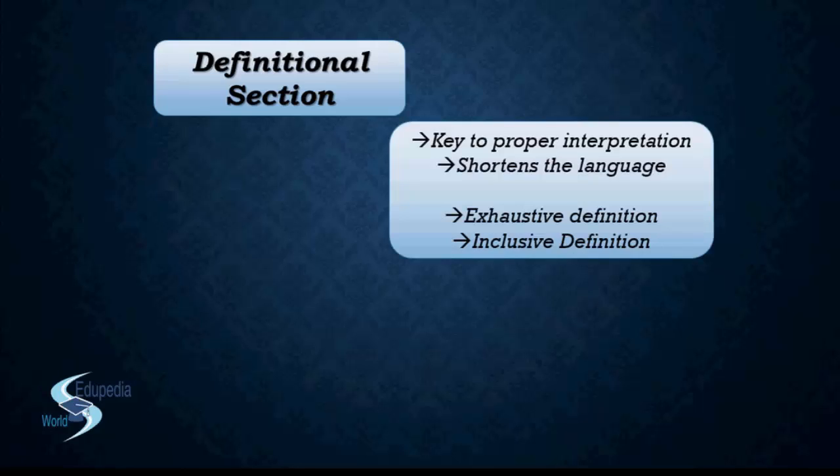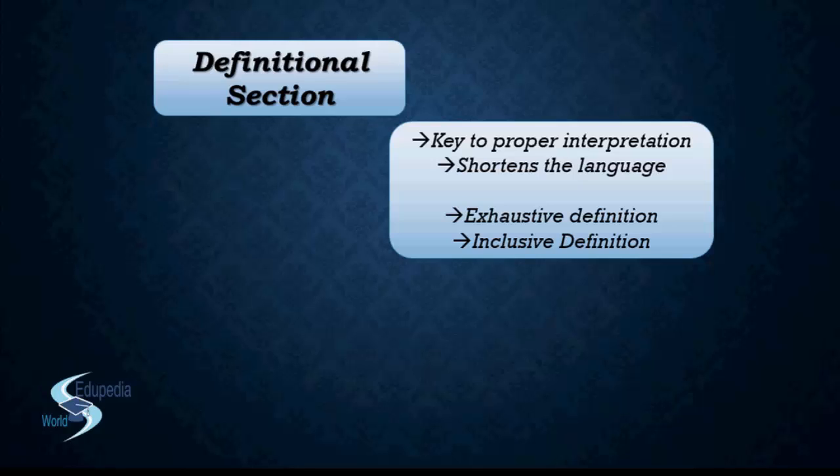Right, so when we talk about the definitional section, we have these parameters to be judged. That is, the definitional section is the key to proper interpretation, which always means that you do not refer to the dictionary meaning of the definition, but you refer to the meanings given in the definitional section, because that is the most appropriate meaning, and that is the meaning as per your legislature.